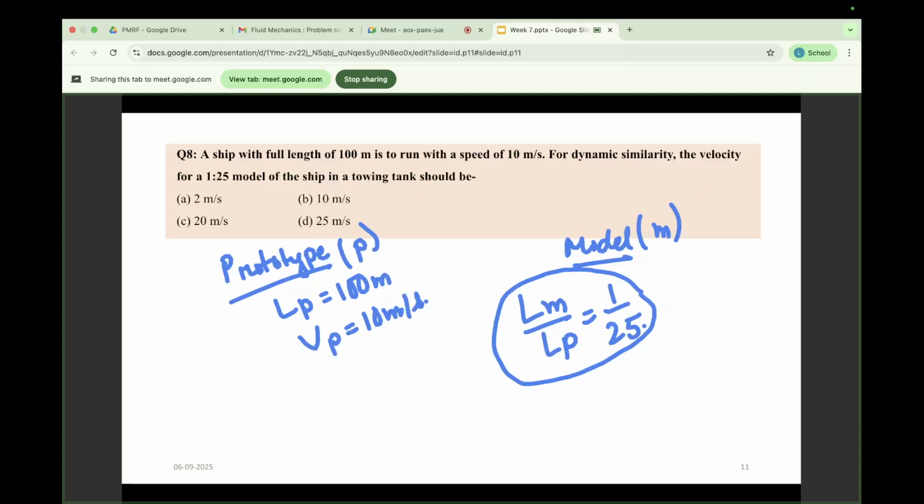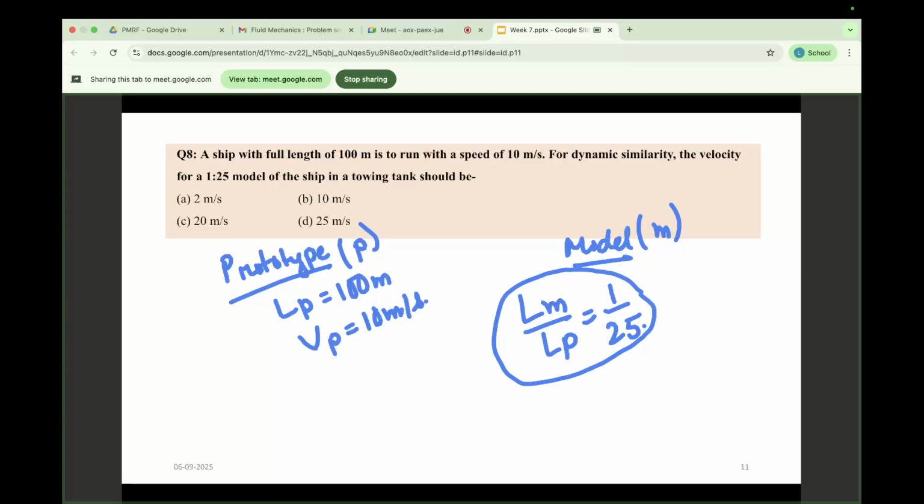So here it is dynamic similarity. They talk about dynamic similarity. Velocity and length are given. Let me think about all these numbers and which number may come into the scenario. The Froude number can come. Can the Weber number come?